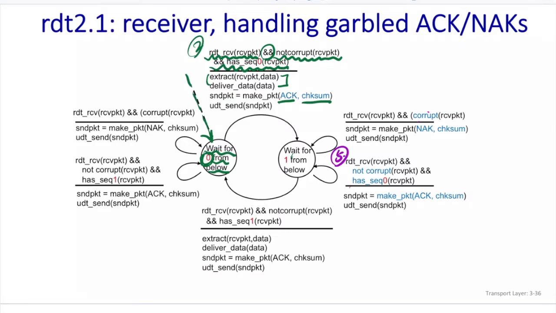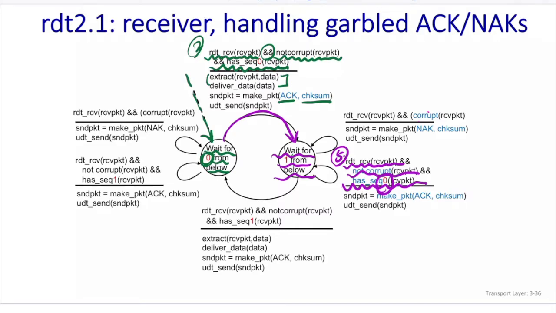the receiver is waiting for the next packet, and it indeed receives a packet, but it is not the one it expects. Right here, the packet number is not what I expect.